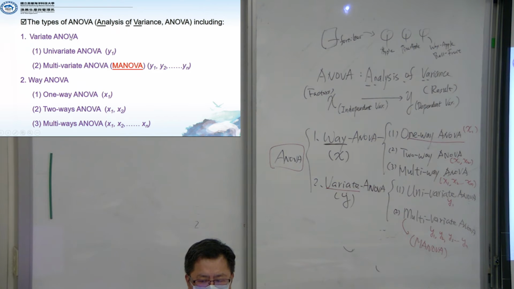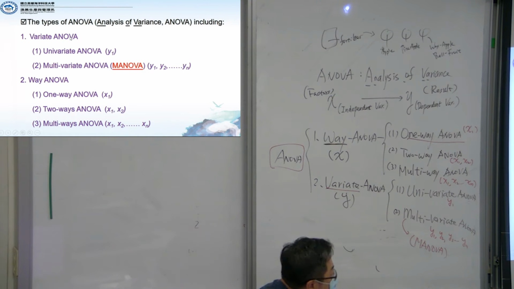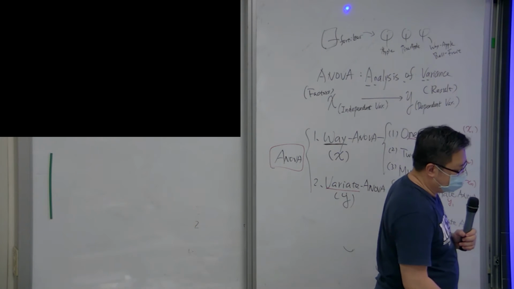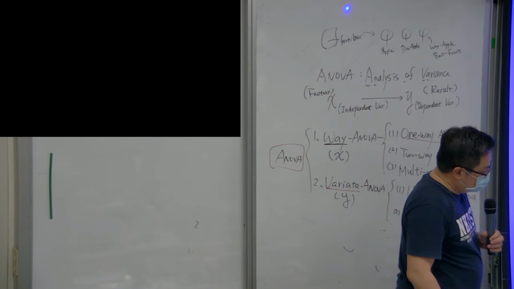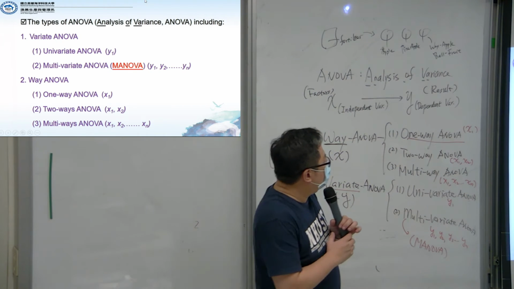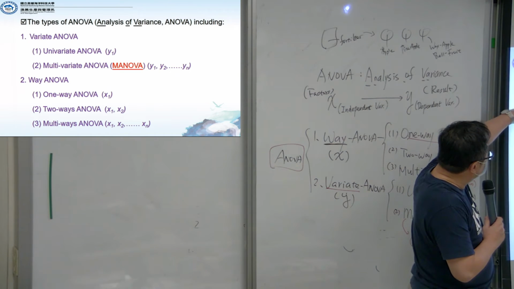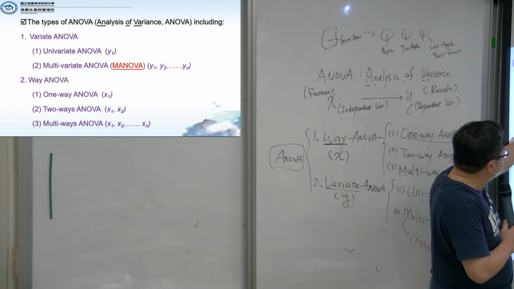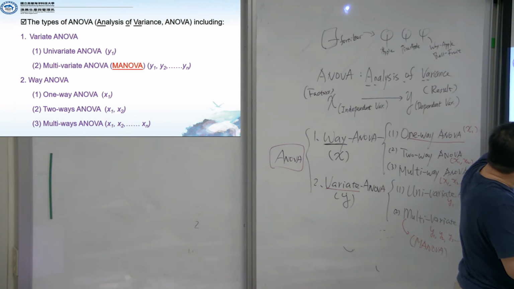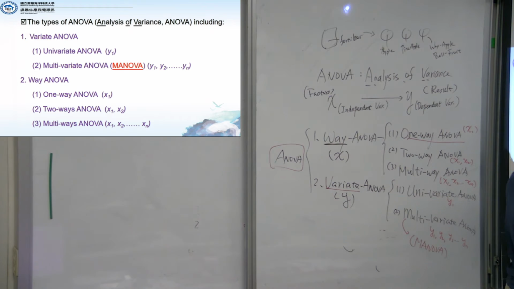Okay, this is what I already told you. ANOVA, the types of ANOVA. The types of ANOVA, we include two. One is way ANOVA, the other is variate ANOVA. Variate ANOVA includes univariate ANOVA. That means we just want to search about the Y1.